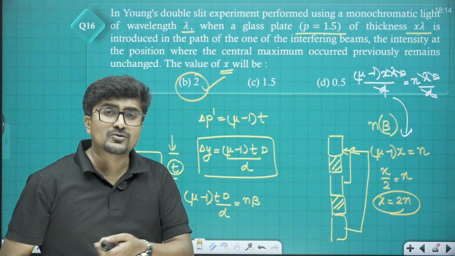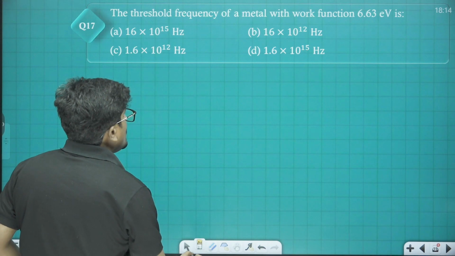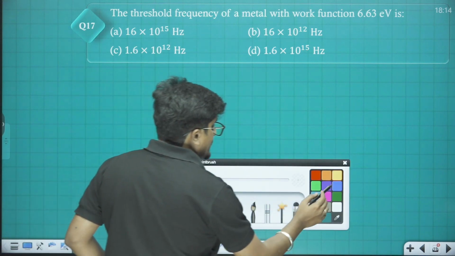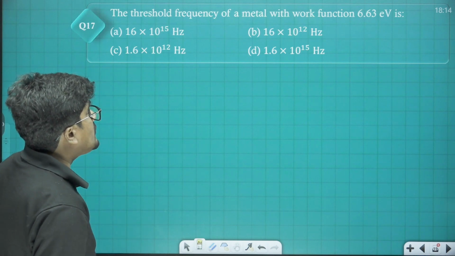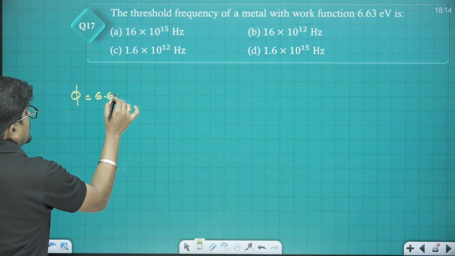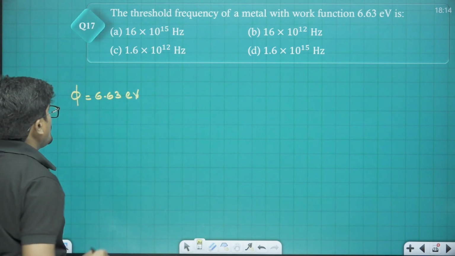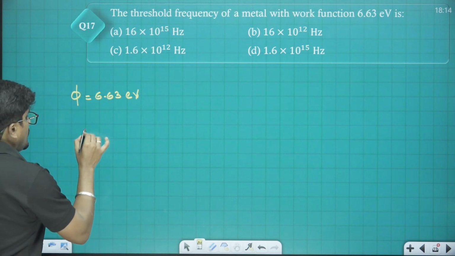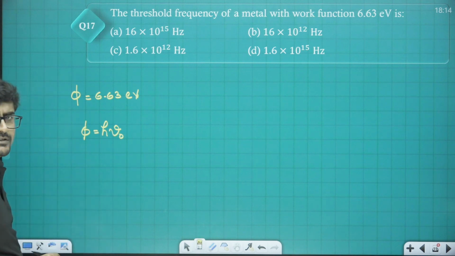Moving to the next, that is question number 17. Question number 17 says the threshold frequency of a metal whose work function phi is equal to 6.63 electron volt. All right, we all know that phi is h into the threshold frequency, h into nu.